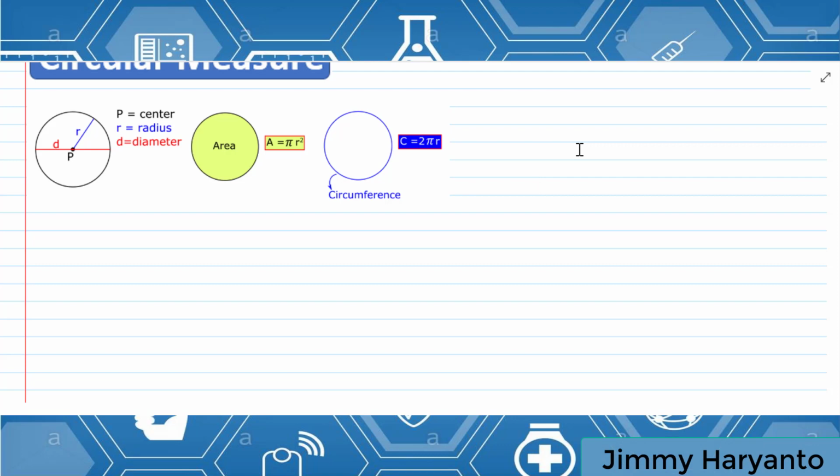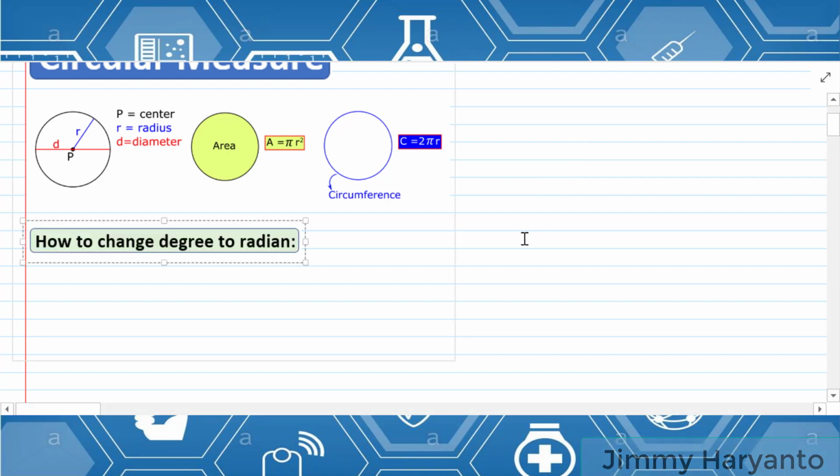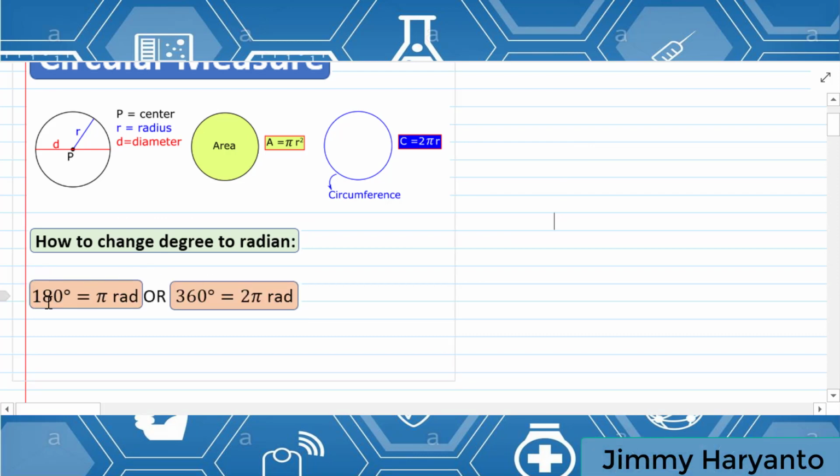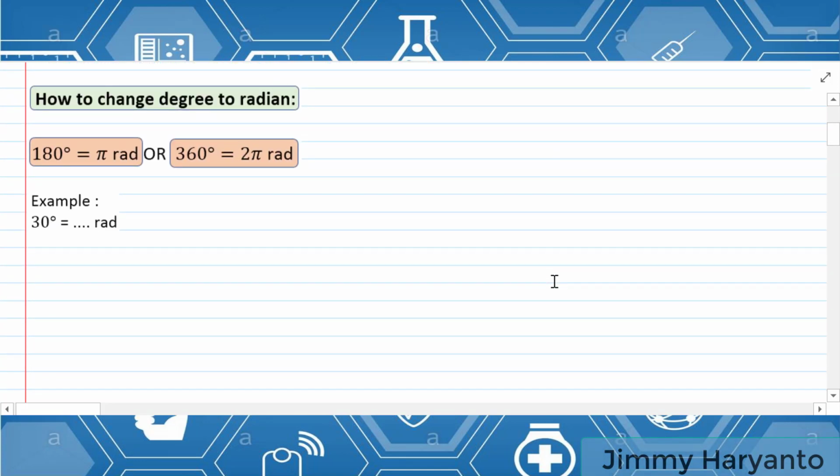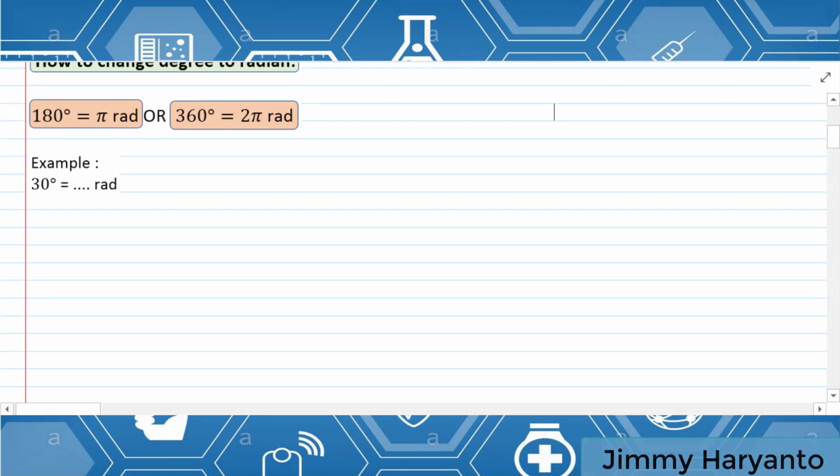But before we continue, there are some basic skills needed in this chapter. The first is how to change degrees to radians. 180 degrees equals pi radians, or 360 degrees equals 2 pi radians. For example, I have 30 degrees equals blah blah blah radians. Can you convert the degrees into radians?